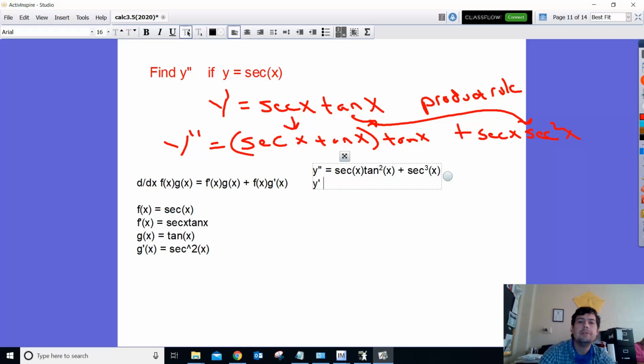All right, you can actually do some more of that. Both of these pieces contain what? Secant. So you pull that secant of x out, use a hard bracket here, and you're left with tangent squared plus secant squared. Close the hard bracket.